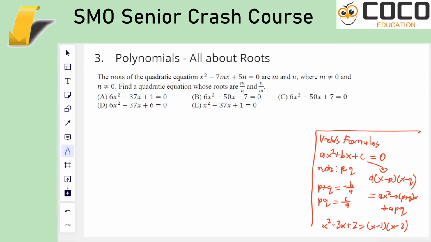Now let's apply it to this problem. So Vieta's formulas, or sometimes it's called Vieta's equations, the sum of the roots is m plus n, product of roots is mn, and A is 1, B is negative 7m, and C is 5n.